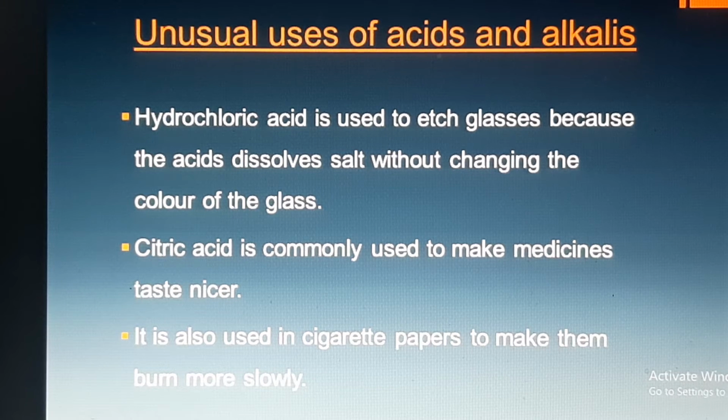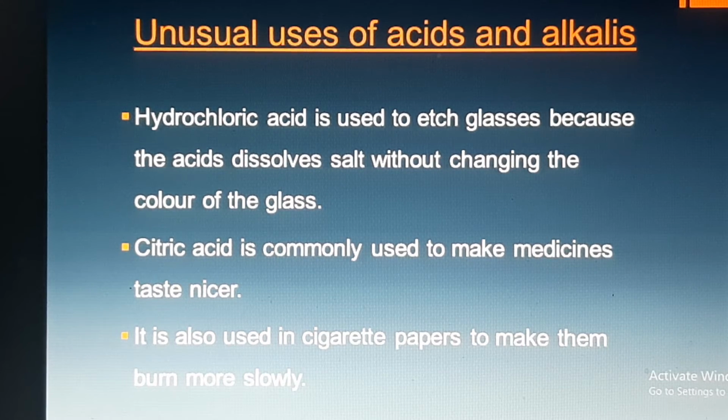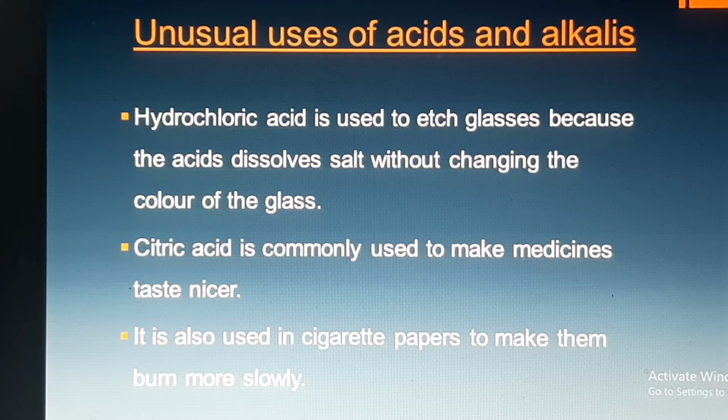Citric acid is also used in cigarette paper to make it burn more slowly. What is the use of citric acid in cigarette papers? The cigarette will burn more slowly.